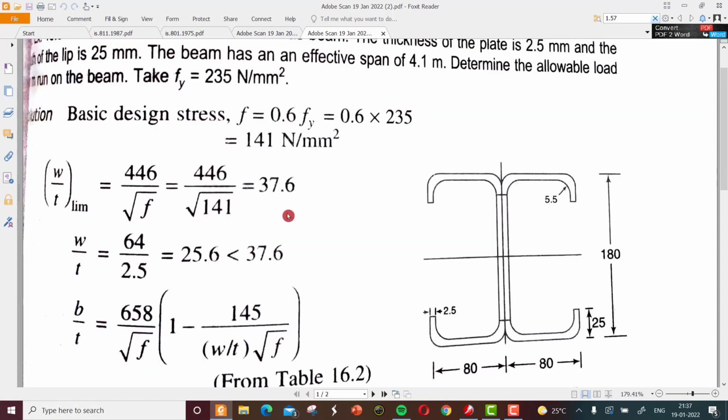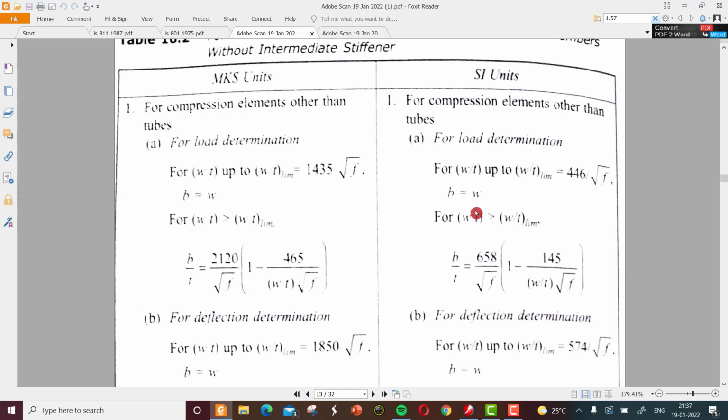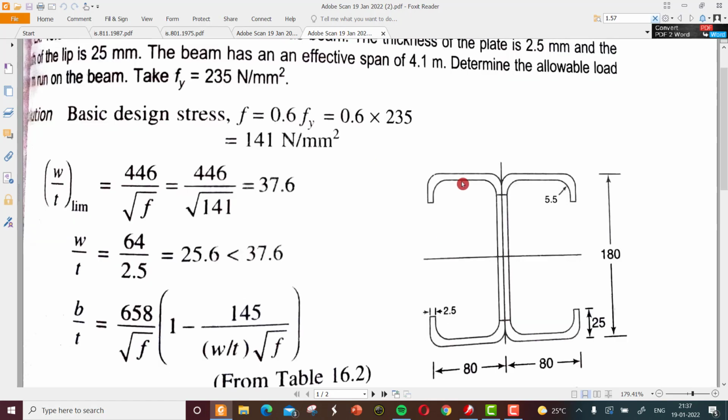And W by T limiting, as we discussed in the last video, in our PDF in table 16.2 there are MKS unit as well as SI unit. So in SI unit for compression elements other than tubes, in this beam member the top will be under compression and the bottom will be under tension.